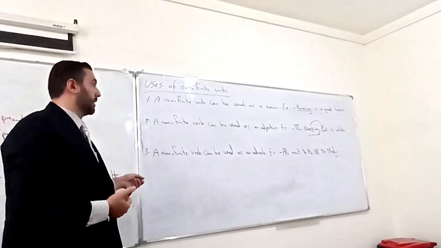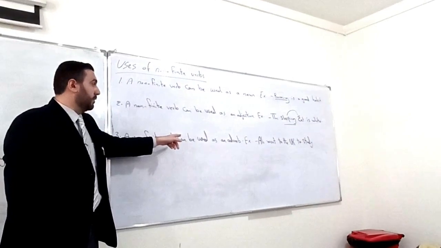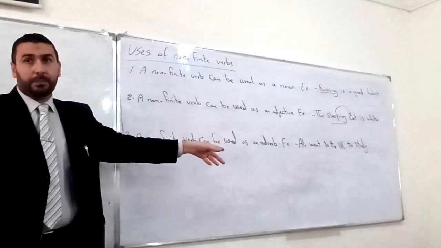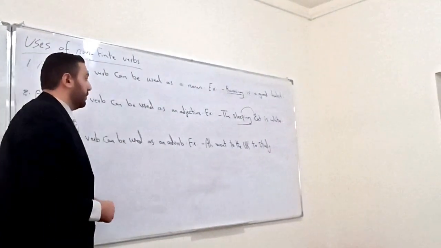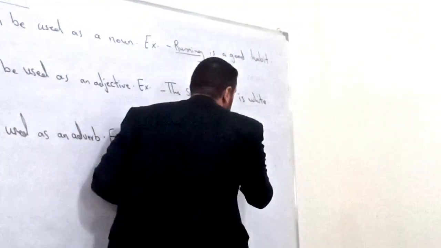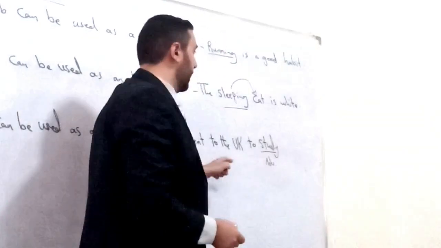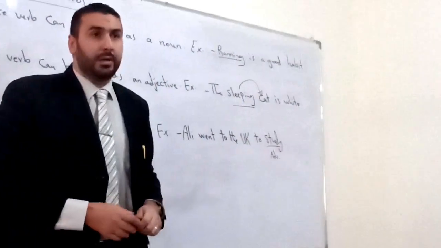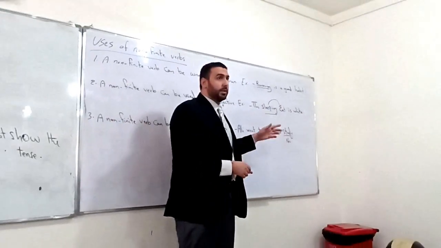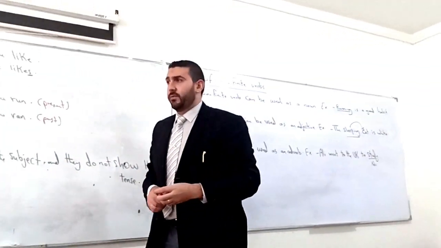Number three, a non-finite verb can be used as an adverb. For example, Ali went to the UK to study. Here study is functioning as an adverb. To study where? In the UK. It is used in this example as an infinitive.